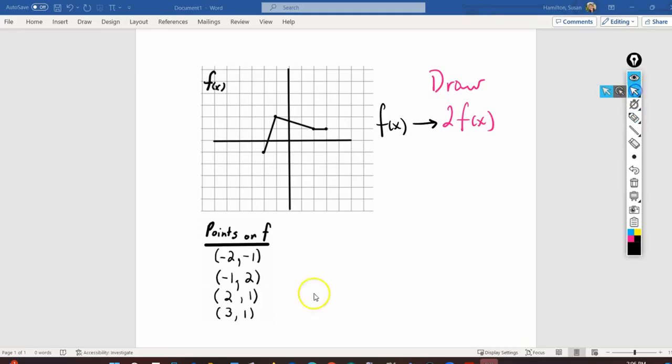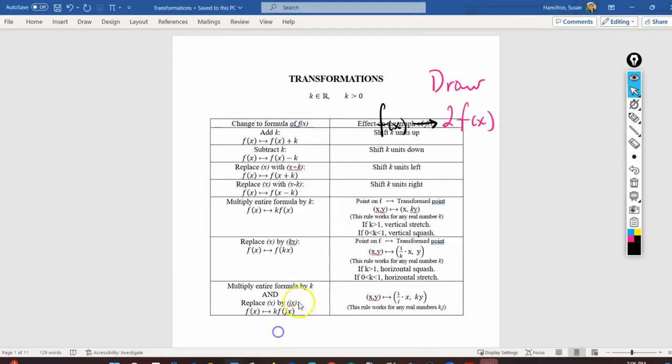So look at the chart, and right here, multiply entire formula by k, so see how k is on the outside. Then the point on the original function will be transformed into a new point. And if you can see here, the x coordinate does not change. The y coordinate will change, and the way you change it is you take the original y coordinate and you multiply by whatever that number k is out the front.